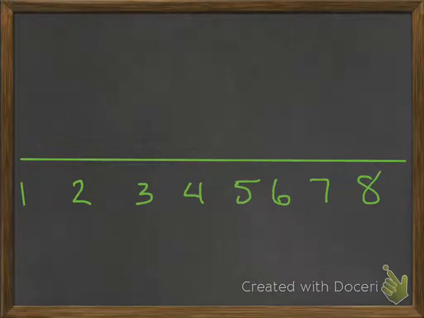So we go back to here, and all we're going to do is put X's. 1, 2, 3, 4, 5. There are 5 people who had one pet. So that's how we signify that information.